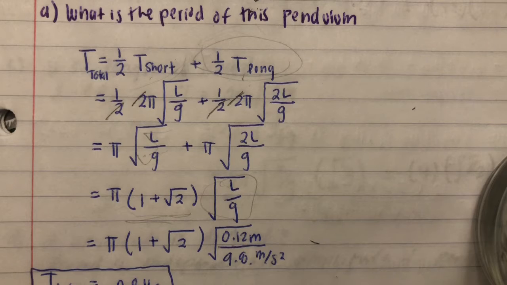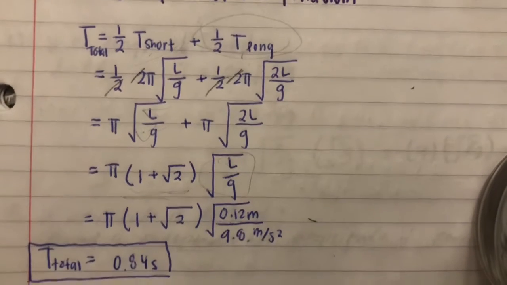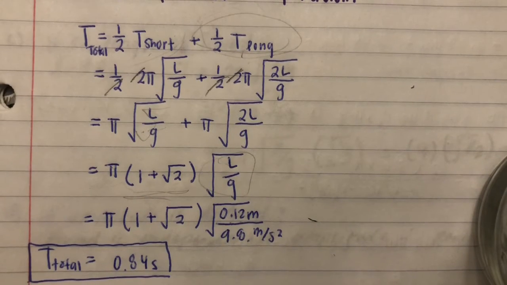So then we are left with the period total being 0.84 seconds. Just a reminder, a period is the time it takes for the pendulum to make one full back and forth swing.